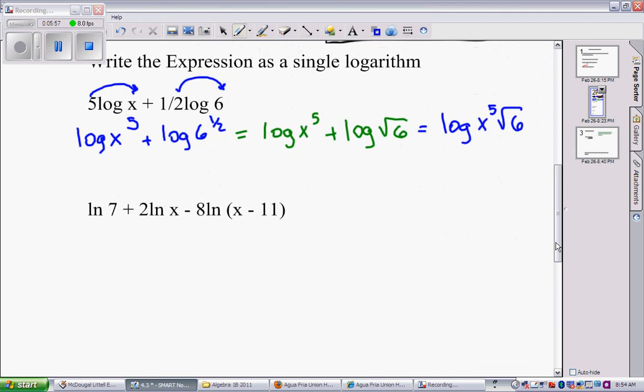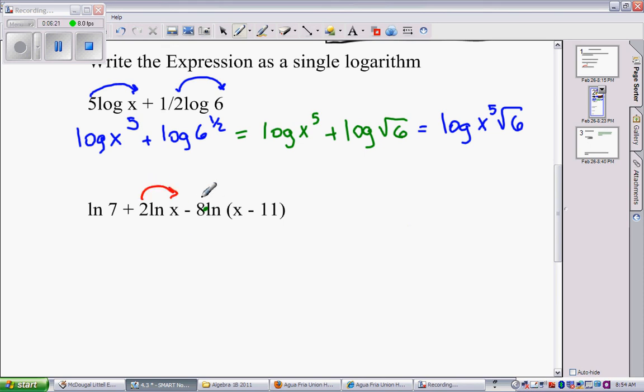Our next one has the ln of 7 plus 2 ln x minus 8 times ln of x minus 11. So you once again look for the coefficients first and move them back to the exponent.